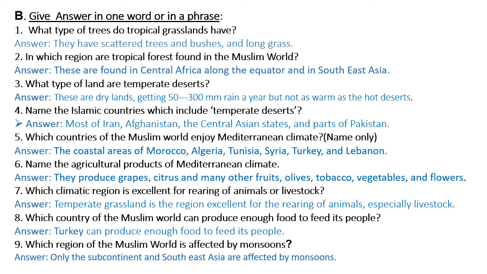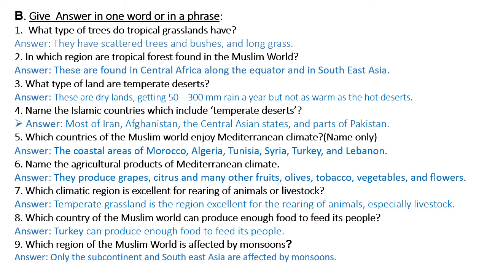Number 5. Which countries of the Muslim world enjoy Mediterranean climate? Name only. Answer. The coastal areas of Morocco, Algeria, Tunisia, Syria, Turkey and Lebanon. Number 6. Name the agricultural products of Mediterranean climate. Answer.